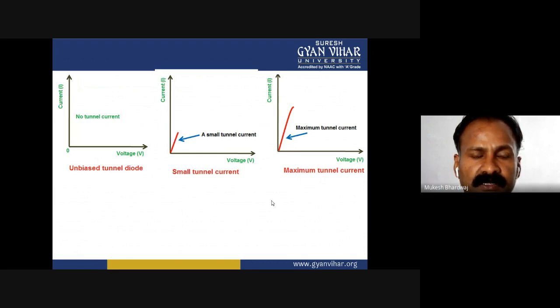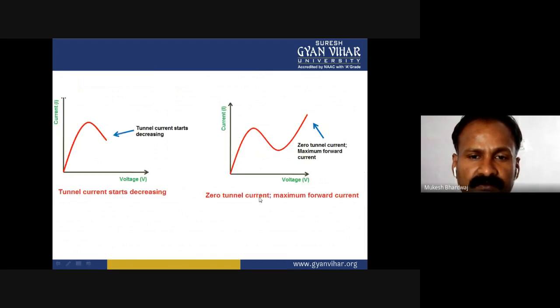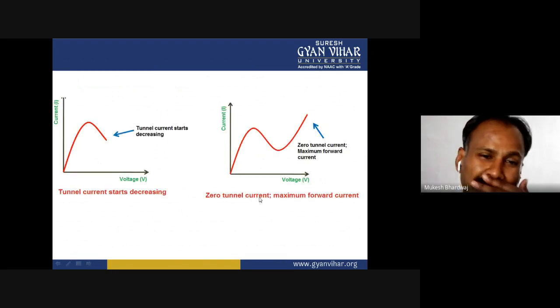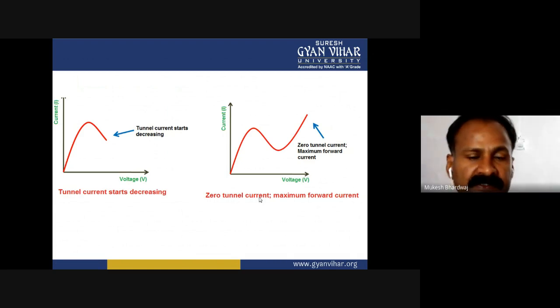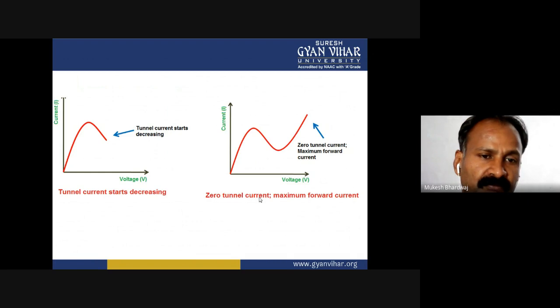When you just start increasing the voltage, the current is going to increase, and as you increase the voltage, the current reaches the maximum tunnel effect or the maximum level. And when you start further increasing the voltage, the current starts decreasing.